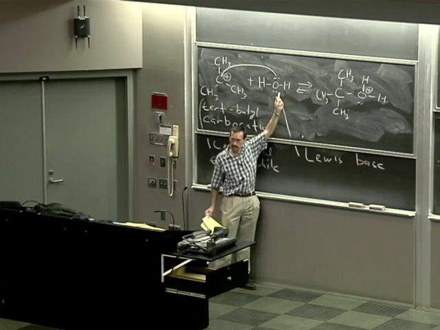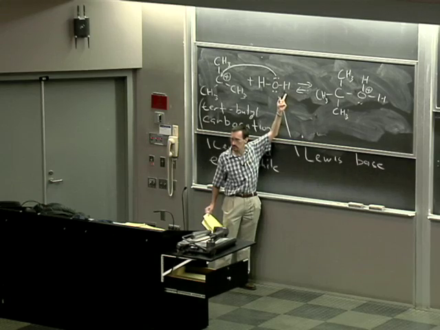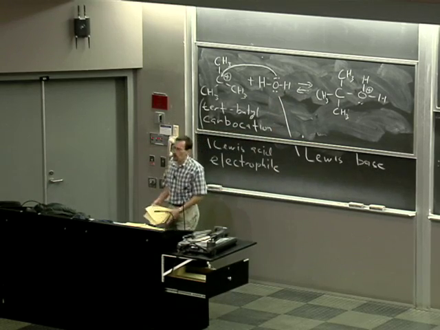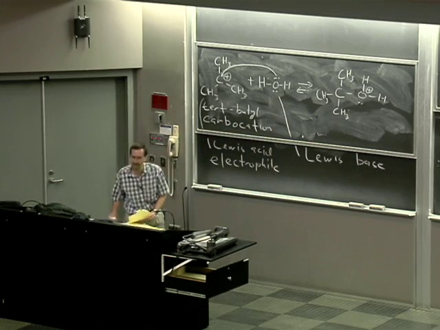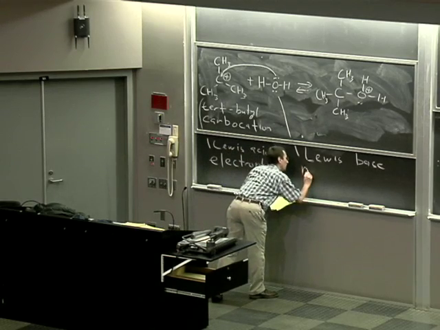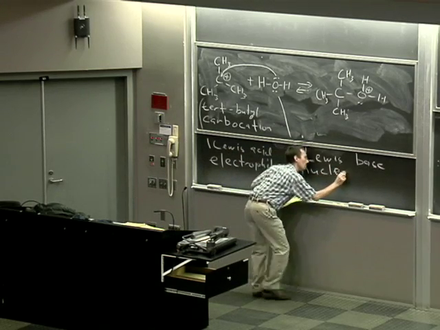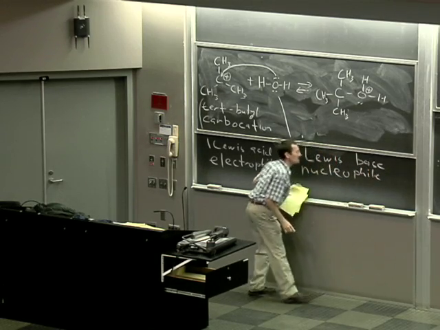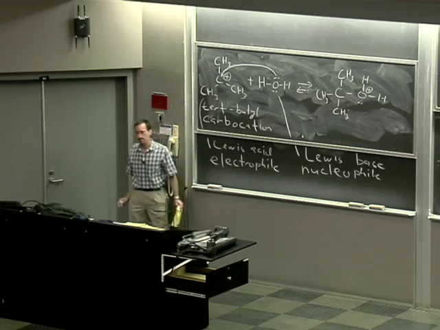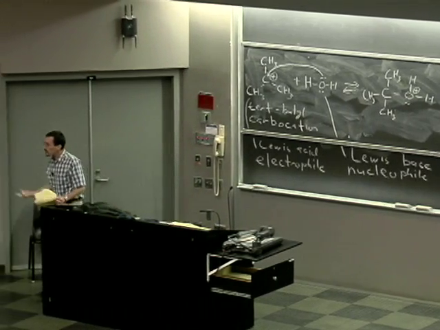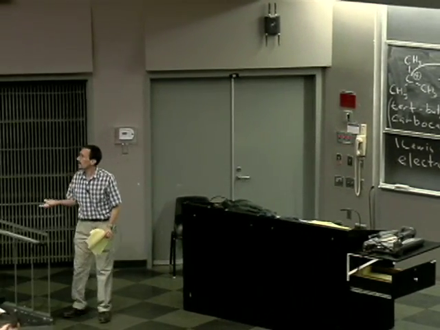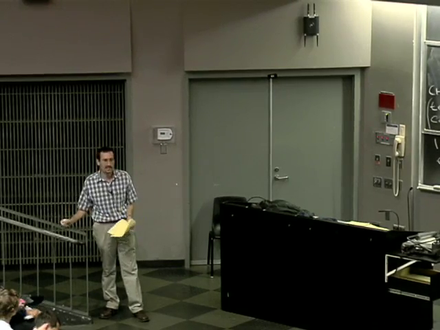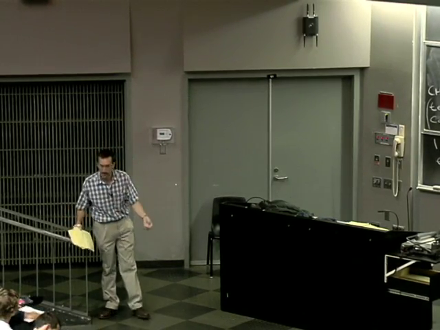The Lewis base has electrons to spare, and so we call it a nucleophile. That may not be as obvious, but when you think about it, it makes sense. It likes something with a positive charge. It likes something that's like a nucleus.